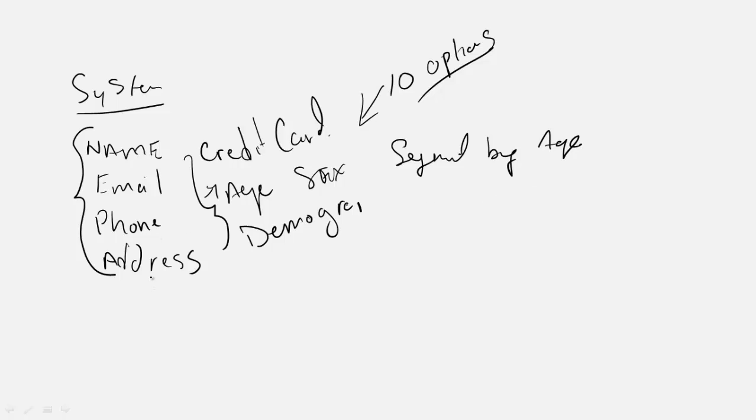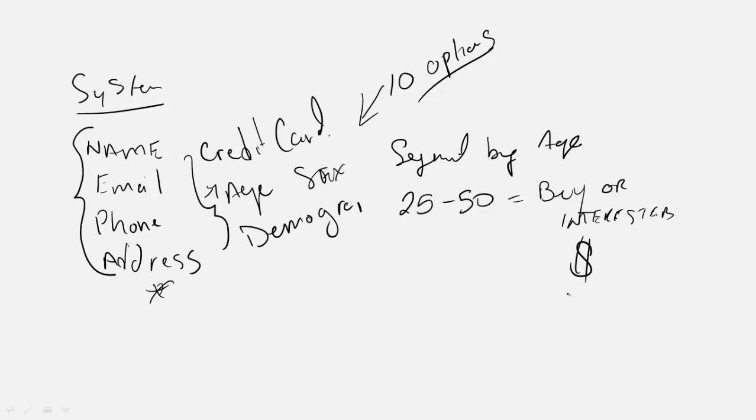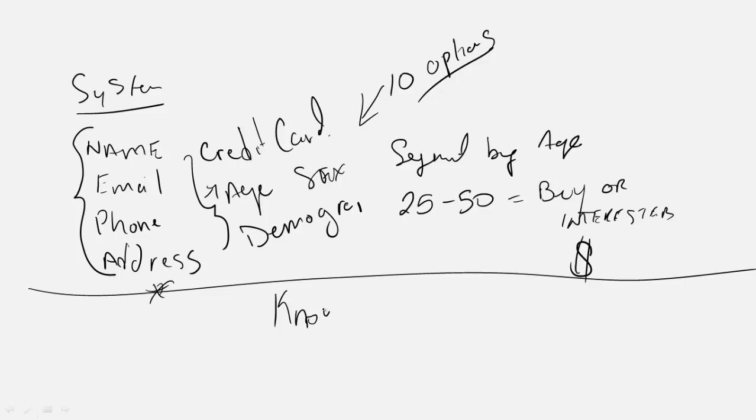So grab all the people with name, email, phone number, and address, ages 25 to 50, that are willing to buy or interested in making money. That's what we wanted to do, and effectively we were able to do that. I'm getting a little long-winded with my explanation, but this is all relevant. We want to be able to send them exactly the information they wanted to know, and what they wanted. It's pretty genius.